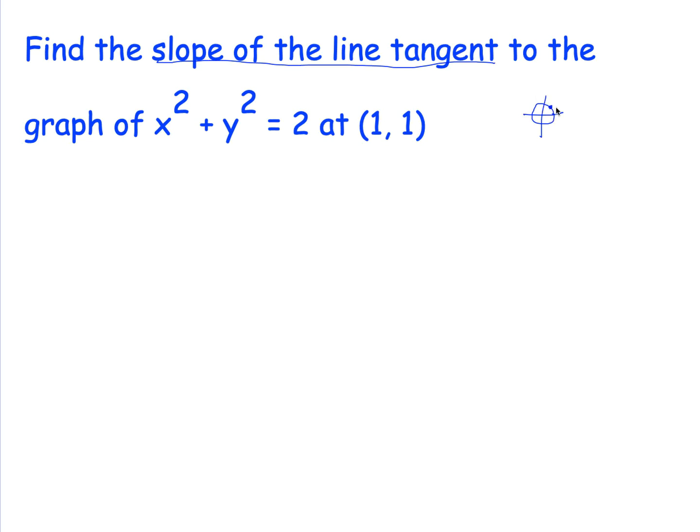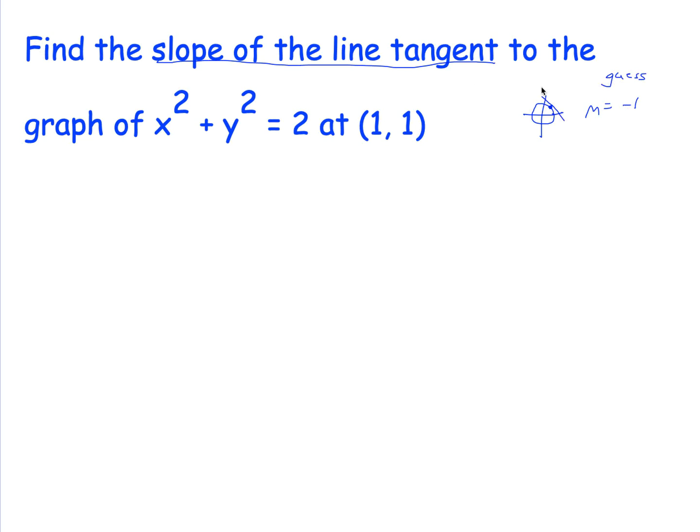Just by looking at this, we could probably take a guess. That's right in the middle of the circle in the first quadrant. It's probably going to be -1. If you see that tangent line coming through here, it looks like a slope of -1. So that's our guess. So understanding what you're actually looking for is helpful.